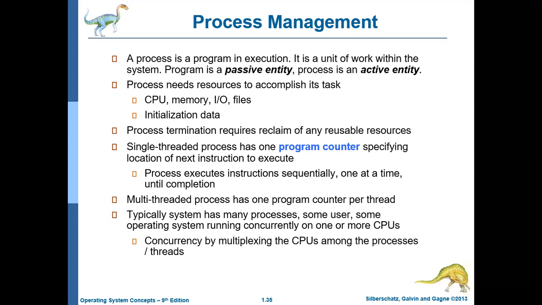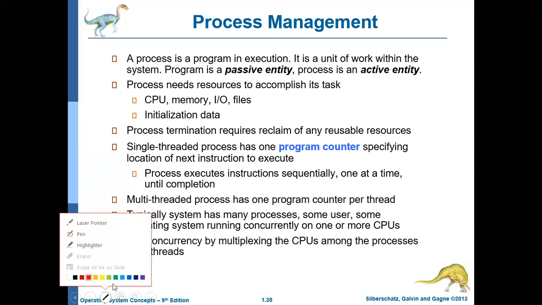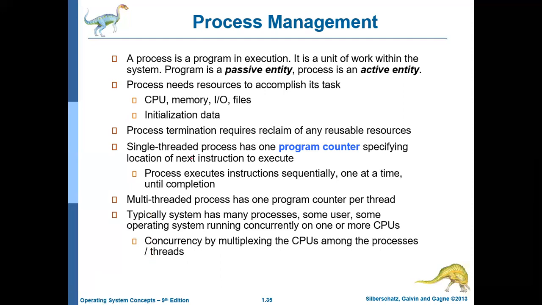And every process needs certain resources to execute. The resources include CPU time, memory, or it may want to access some IO devices, or certain files. The resources required by a process can be classified into two categories: physical resources and logical resources.